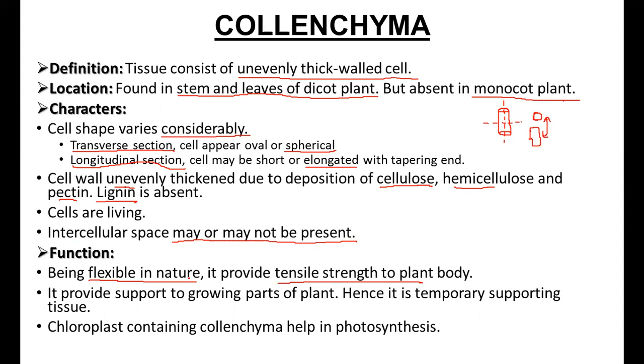So that is why it can provide tensile strength to the plant body. Besides tensile strength, it also provides support to the growing parts. That means it also provides mechanical strength to the growing parts of the plant. And some parenchyma cells have chloroplasts in them, so they perform photosynthesis.